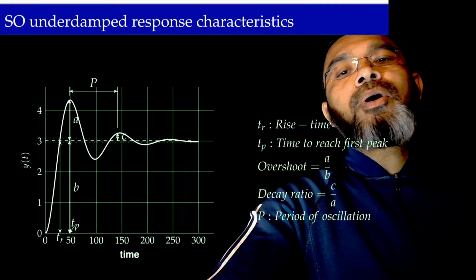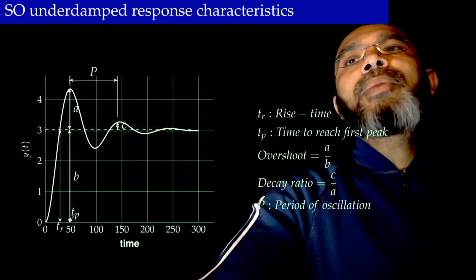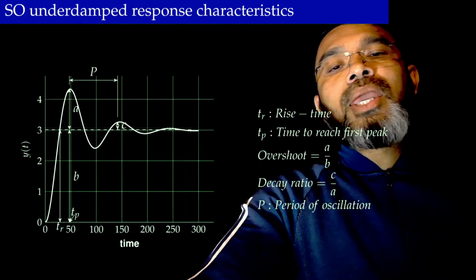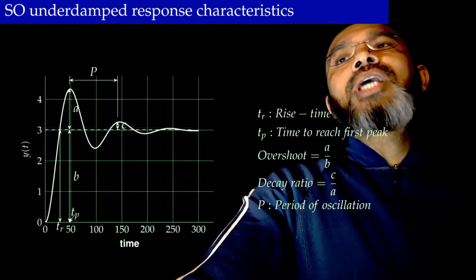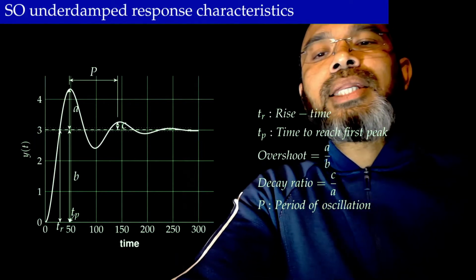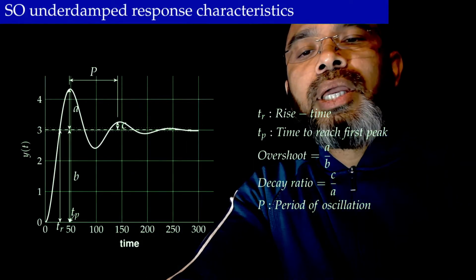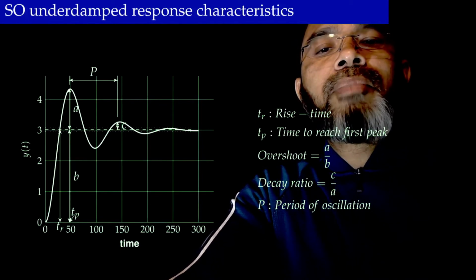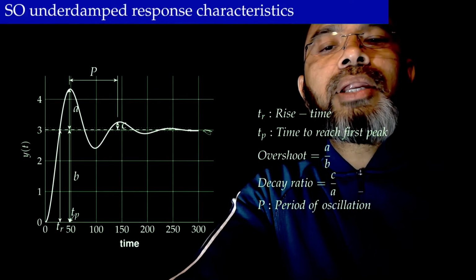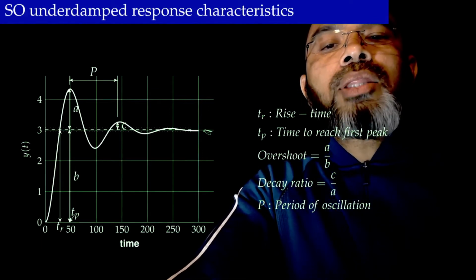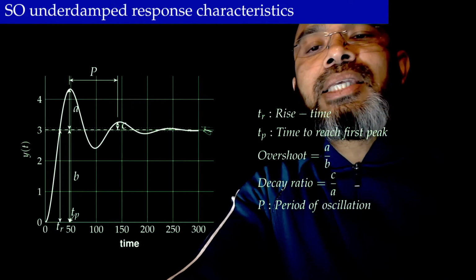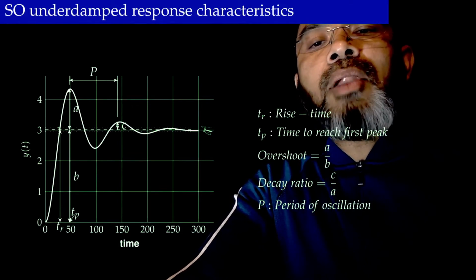It is very important to note that these parameters are used universally, so you need to know the terminology. The first term is called the rise time. The step response started here, oscillated, and finally became steady at some value. Although it becomes steady at that value, it reaches that particular value several times.